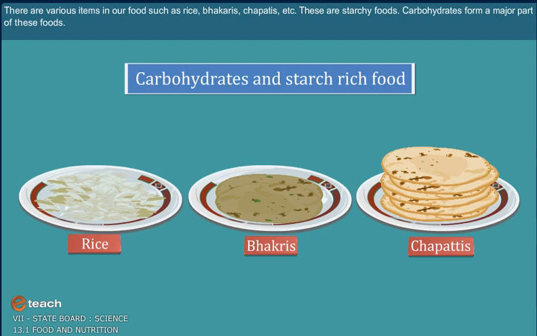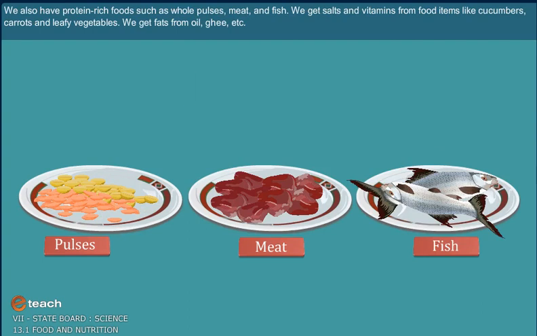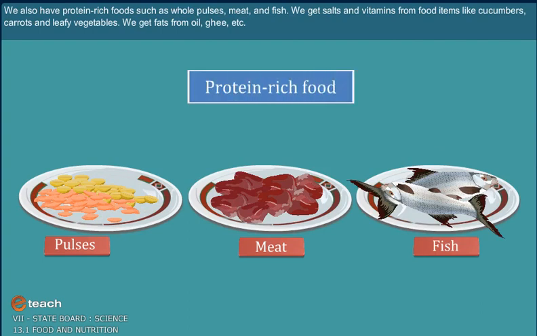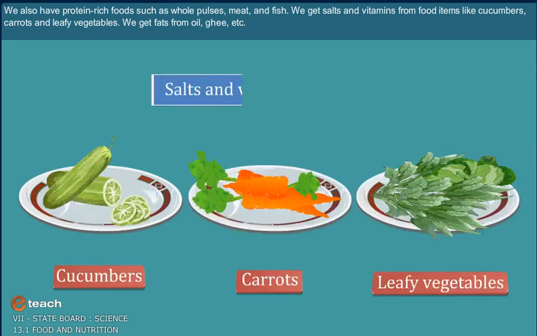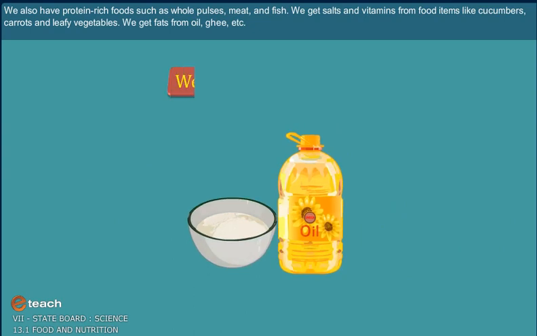Carbohydrates form a major part of these foods. We also have protein-rich foods, such as whole pulses, meat, and fish. We get salts and vitamins from food items like cucumbers, carrots, and leafy vegetables. We get fats from oil, ghee, etc.